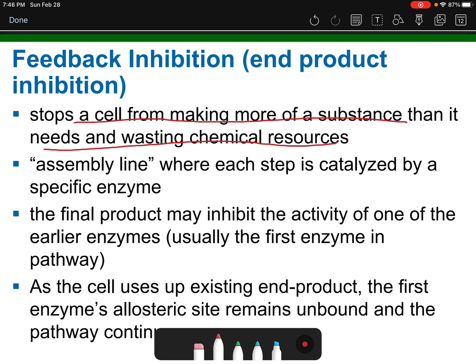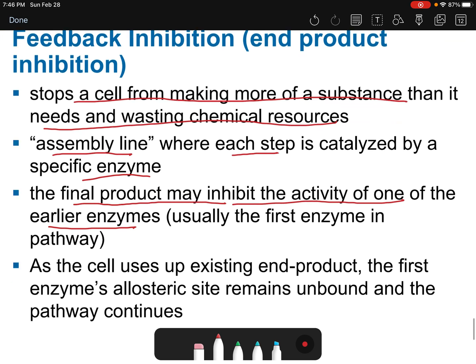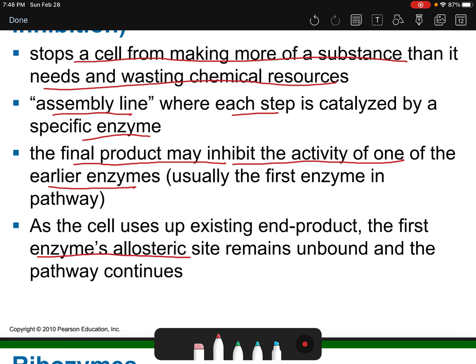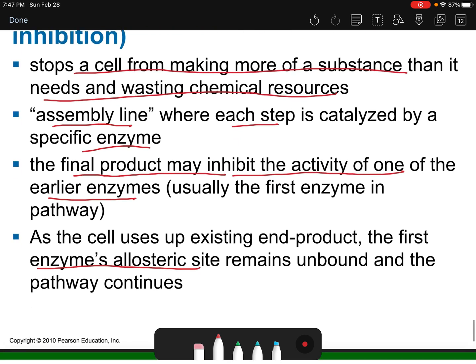It's like an assembly line where each step has a specific enzyme, and the final product may inhibit the activity of one of the earlier enzymes. So if you suddenly have a buildup of the end product, it may go and block the enzyme's allosteric site until we've used up a lot of that end product, and then the pathway can continue.